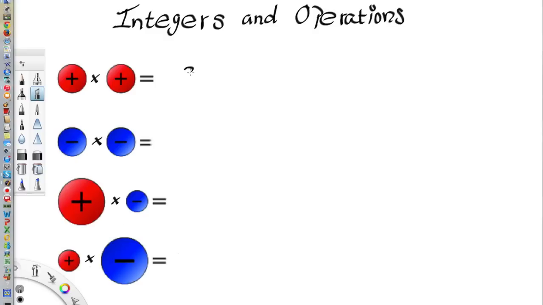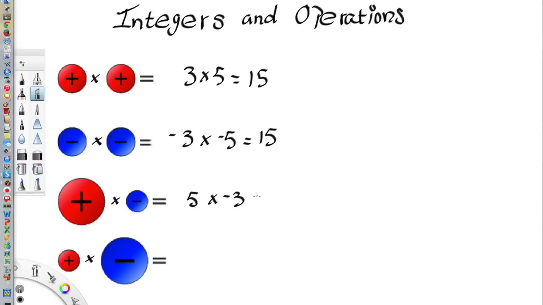For example, 3 times 5 is a positive 15. A negative 3 times a negative 5 would also be a positive 15. But if I had a positive 5 and I multiplied it by a negative 3, my answer is going to be a negative 15.